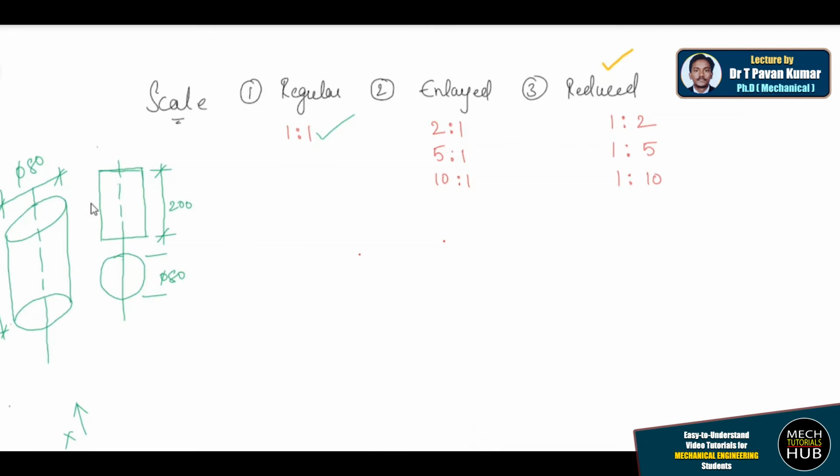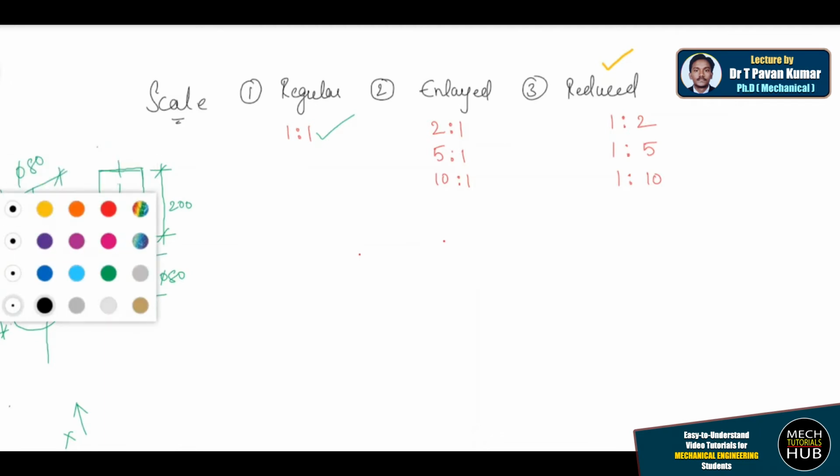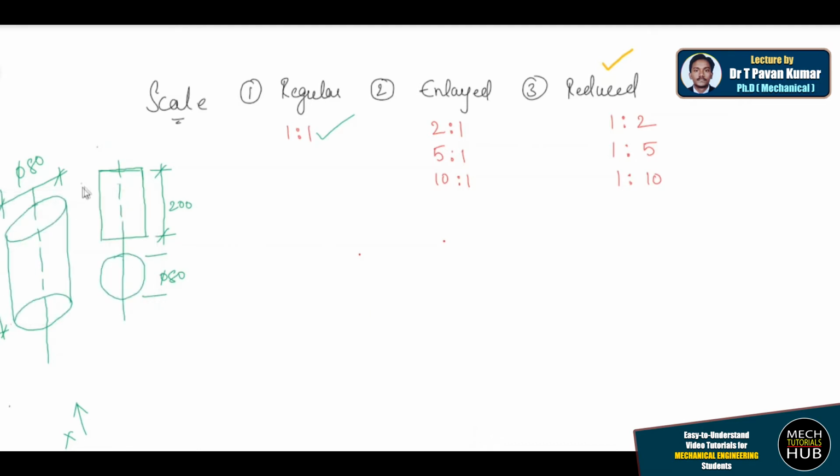By considering those given dimensions or specifications, I have developed the representations: front view and top view. This is called regular scaling. I have drawn everything to the given dimensions.